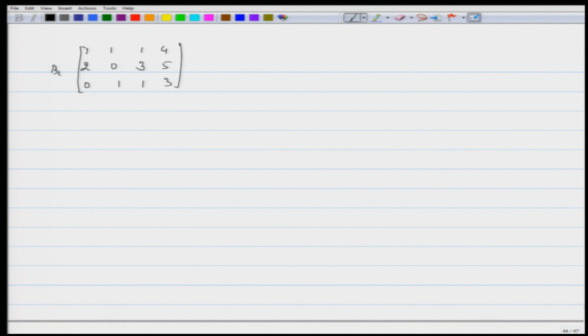This was my B0, and my B2 was 1 1 1 4, 0 minus 2 1 minus 3, 0 0 3 by 2 and 3 by 2. So, here it is not a square matrix. If you recall, I had said that we would like to look at the form, upper or the lower triangular form, but I can still do this.